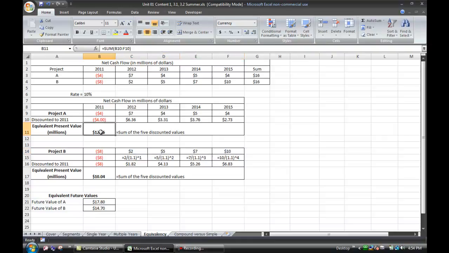Project B, 10.04, will be worth $14,700,000 in 4 years. That's equivalent future values, equivalent present values, and equivalent cash flow streams.